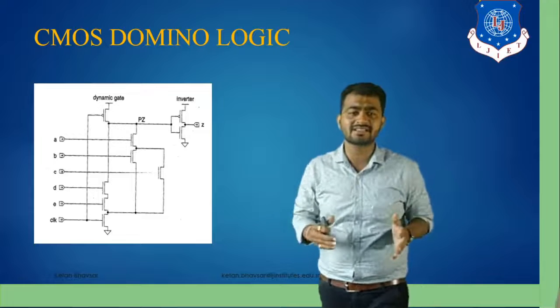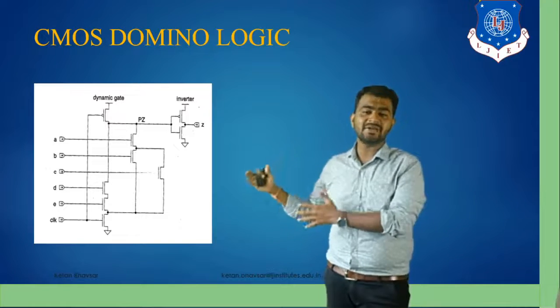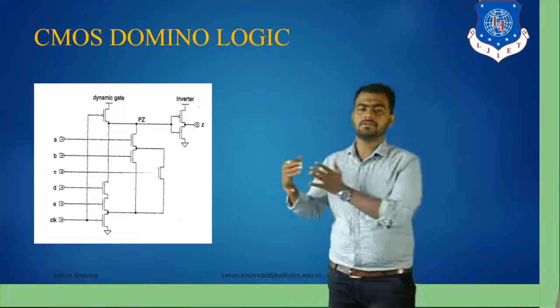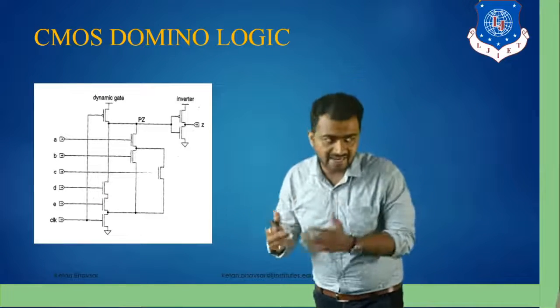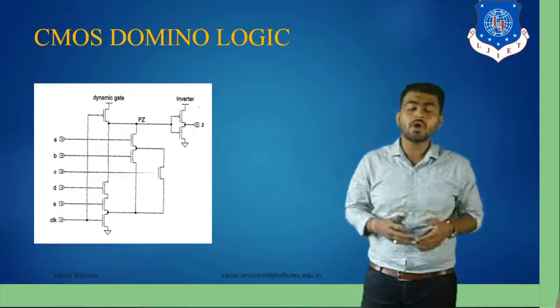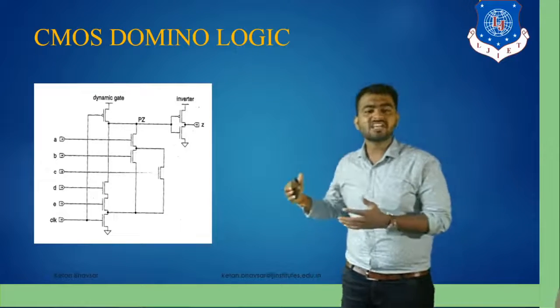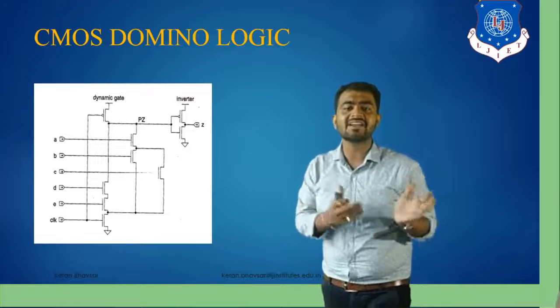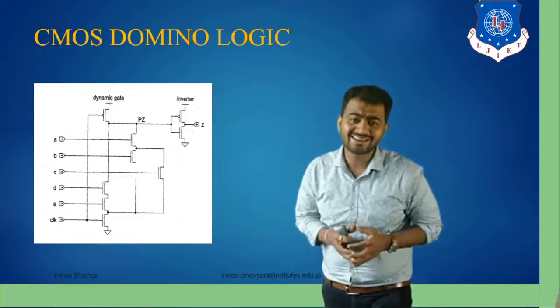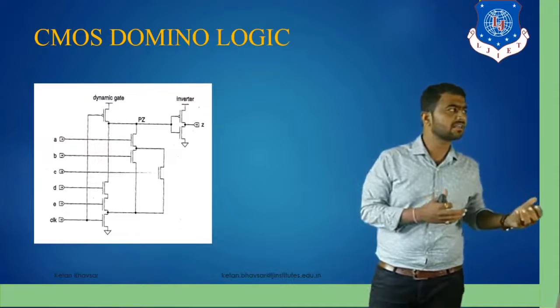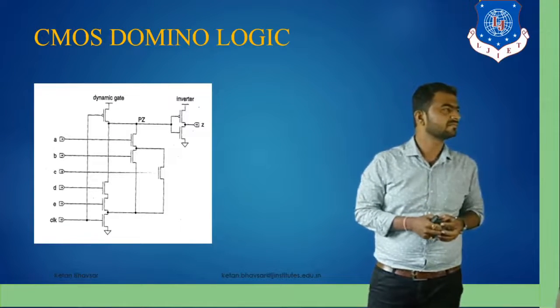The domino logic circuit comes with the inbuilt inverter, so you can directly get a buffered output. You can directly design the AND gate, the OR gate, or any type of logic, and directly achieve the output.